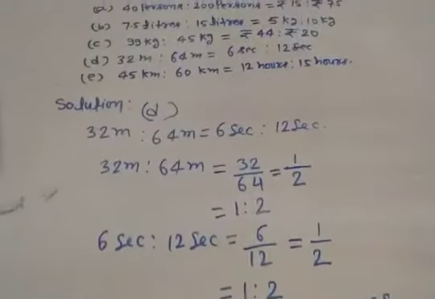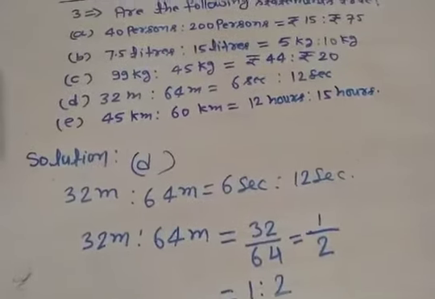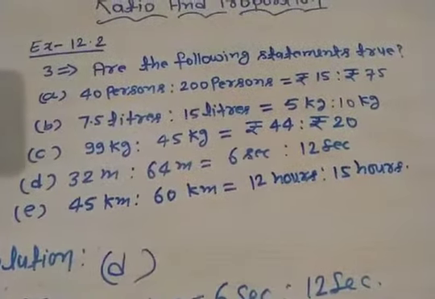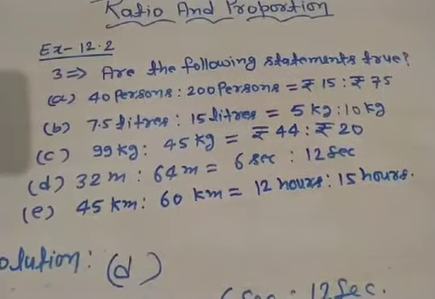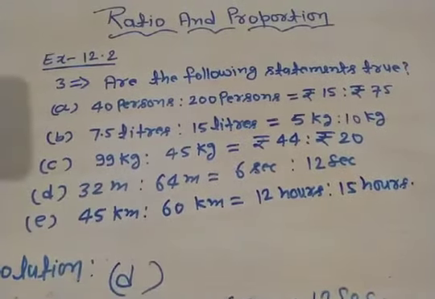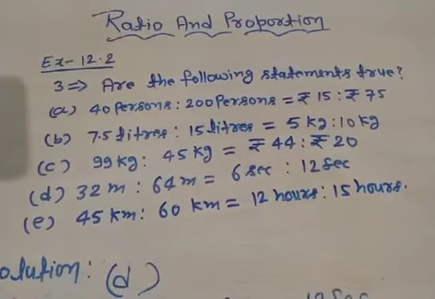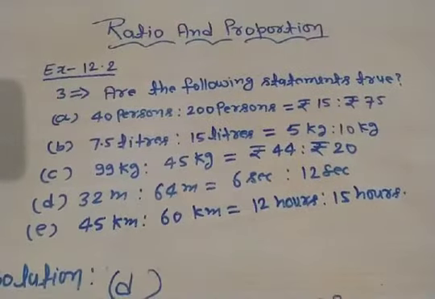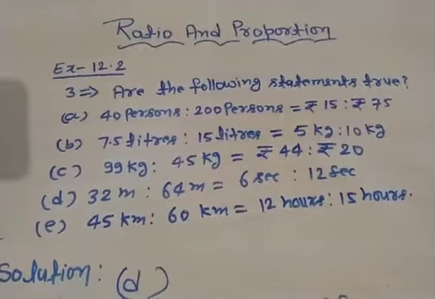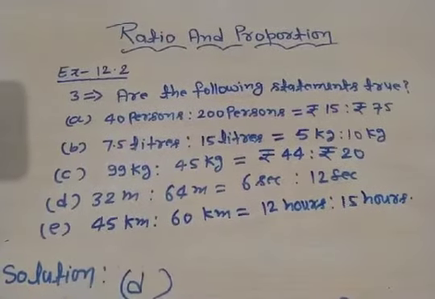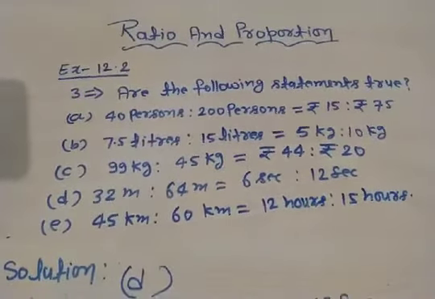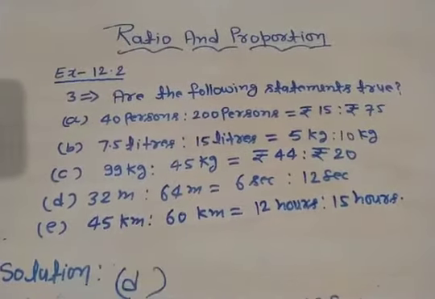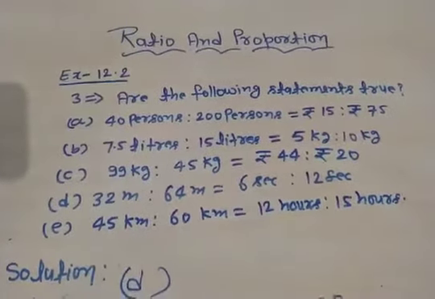E part of question number 3 is 45 kilometer ratio 60 kilometer is equal to 12 hours ratio 15 hours. So first we write 45 kilometer ratio 60 kilometer is equal to 45 by 60. Then we obtain 3/4. And the next, 12 hours ratio 15 hours, so you can write it 12 by 15.